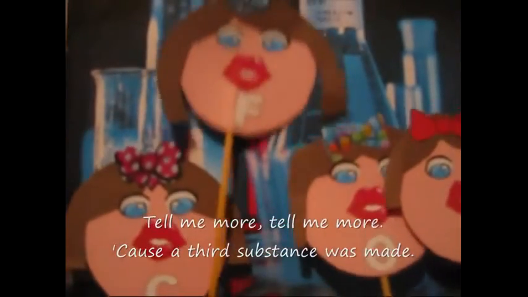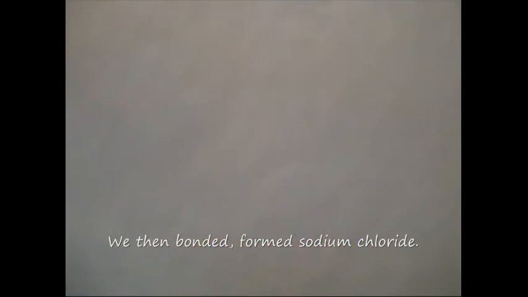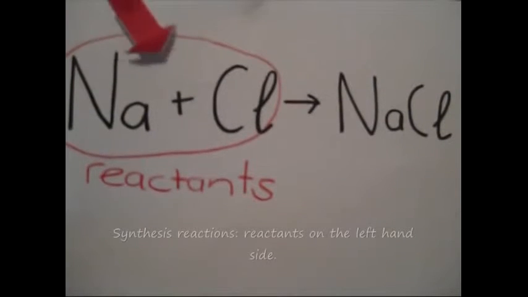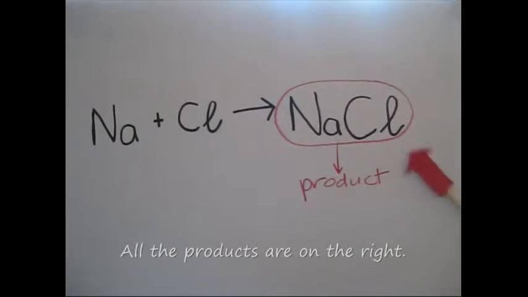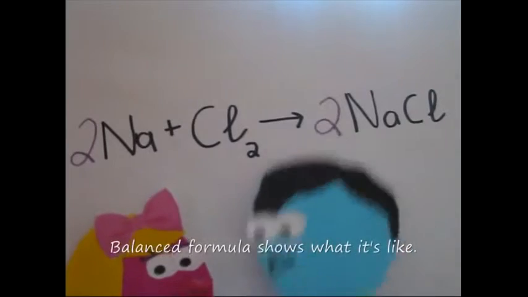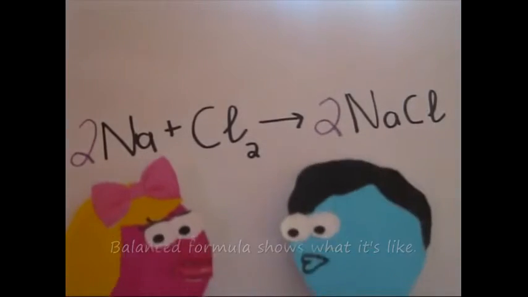Because the third substance was made. We then bonded from sodium chloride. In this reactant, reactants on the left-hand side. All the products are on the right. Valence formula shows what it's like.